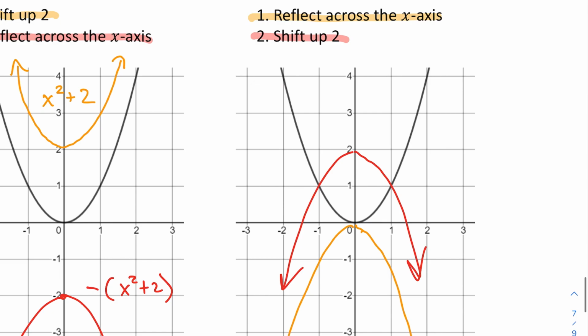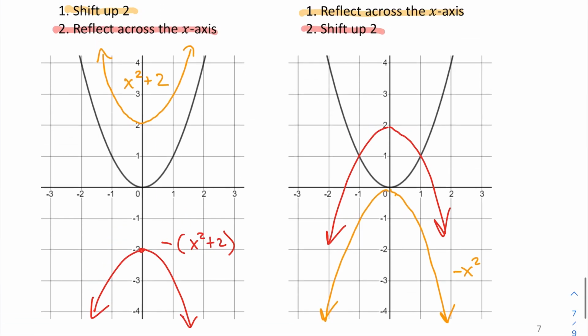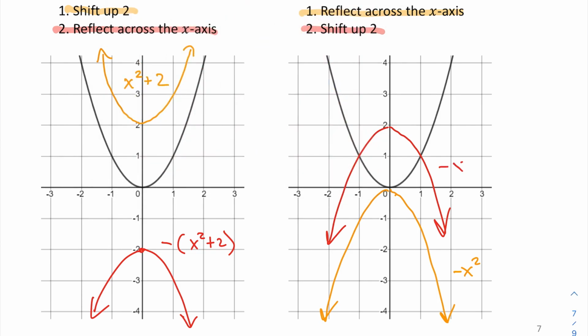Over here, to get the orange, we started with x squared and we first reflected it. So negative x squared is what we did there. Then we took negative x squared and shifted it up 2. So the final graph here looked like this, negative x squared and then plus 2. So the two red graphs, here are their rules, and they are different, right?